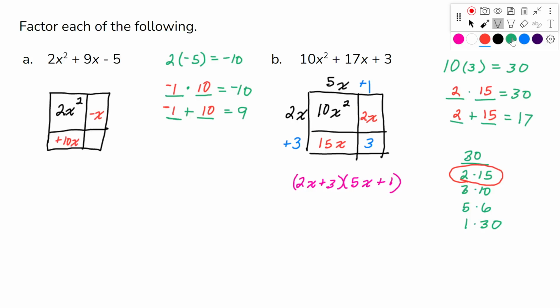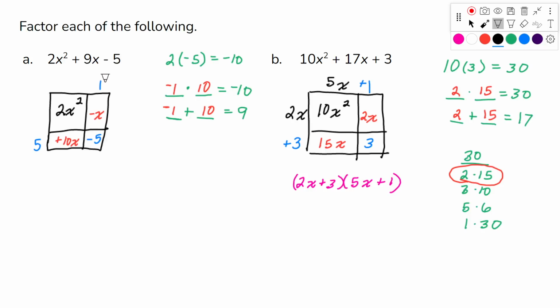And we know that we have negative 5 units. So I could start with the units again. I know that my only option is 1 and 5. One of them is going to have to be negative.